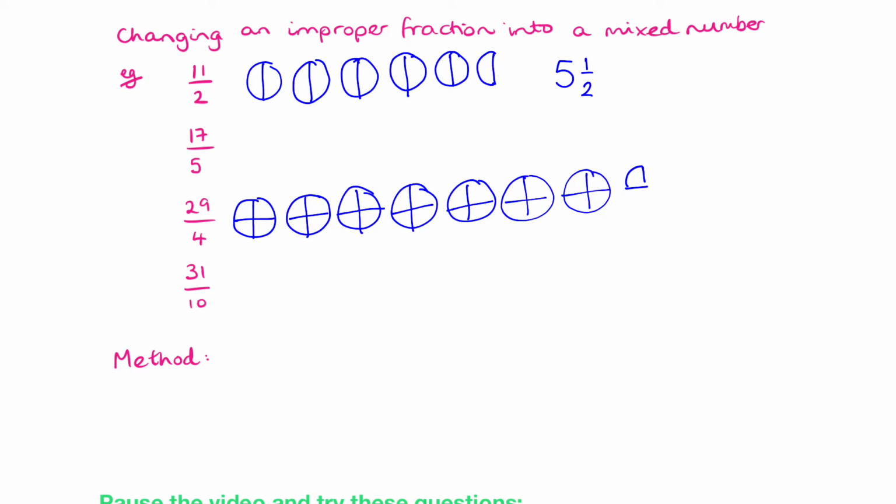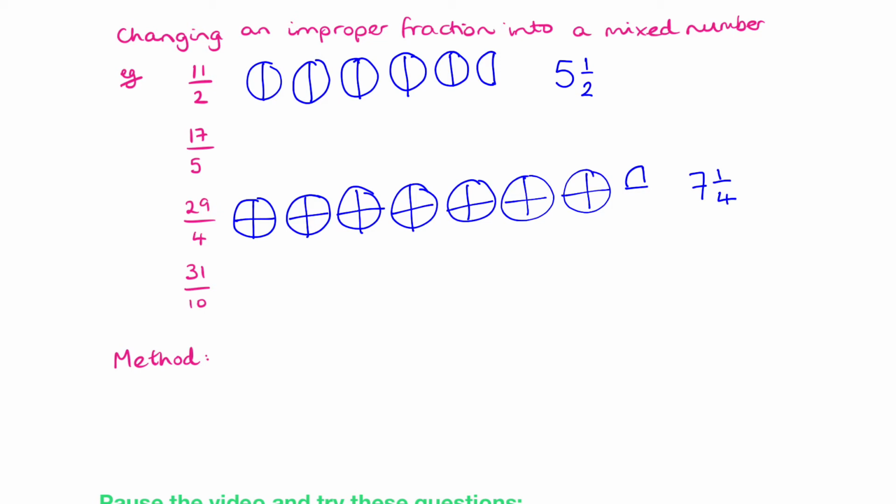Now, don't forget the number on the bottom of the fraction does not change when you're changing between improper fractions and mixed numbers. Okay? And we can look and see where these numbers are coming from. Do you remember when we were doing it the other way round? We worked out this times this, add that to get the number on the top. Now, don't forget that a fraction means dividing.